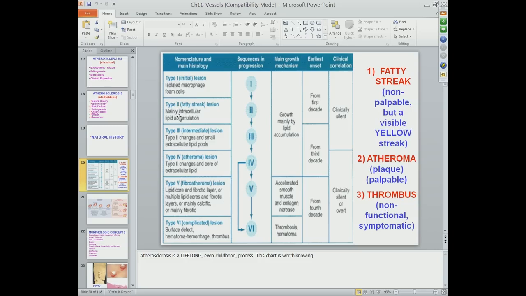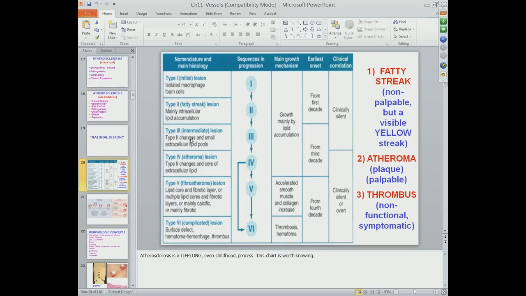Perhaps lipids is a better term because it's not really pure cholesterol. Probably most of it is cholesterol esters. And it's intracellular, and it's in the intima, and it looks yellow. You can't feel it, but remember we said that every single thing in the body that's yellow is fat, and everything in the body that's fat microscopically is not yellow anymore. It's washed out because in the processing of slides the fat gets dissolved in the xylene.